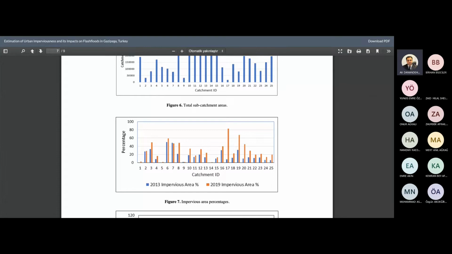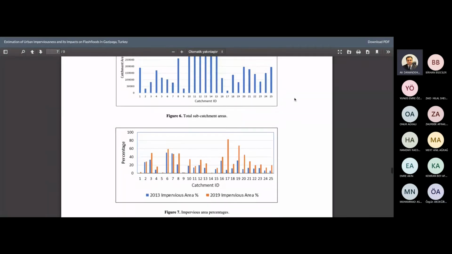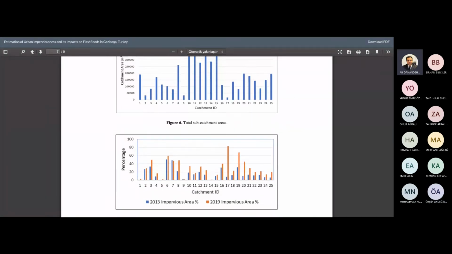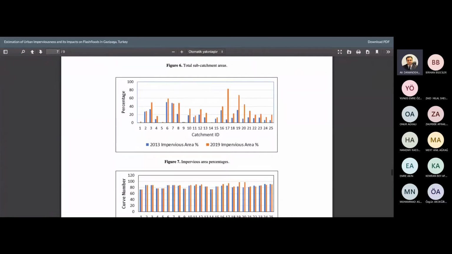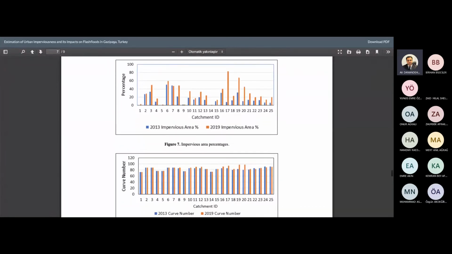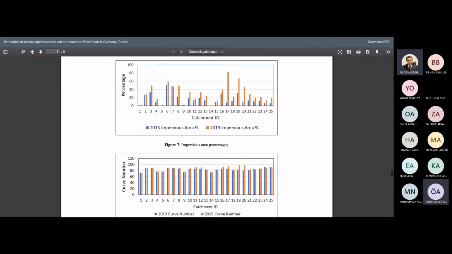In brief, when we increase urbanized area and develop impervious or impermeable area, definitely we have higher runoff.